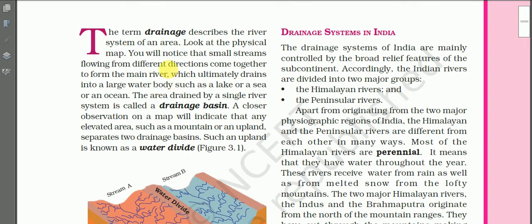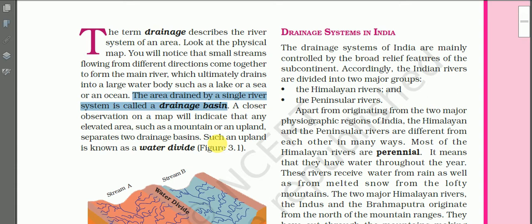Another term you will find here is drainage basin. So what do you mean by drainage basin? Let us read this. The area drained by a single river system is called a drainage basin.